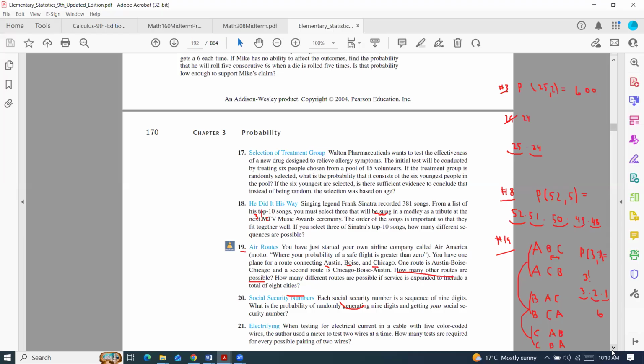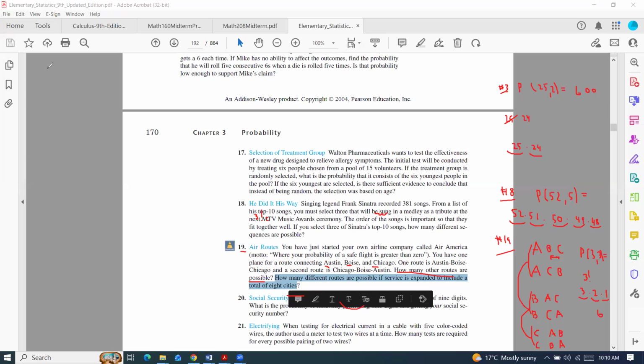Professor, do we do the same way for the other part of the question that says a total of 8 cities? Oh, thank you. I forgot there is another part of the exercise. You're absolutely right. There is a second part of the problem that is not the same as this first, but you're absolutely correct.